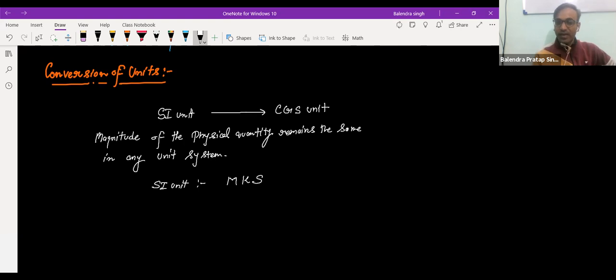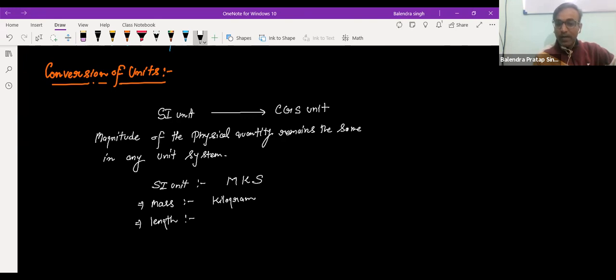In the SI unit system, we basically define mass by kilogram, length by meter, and time by second. Okay, as I discussed.